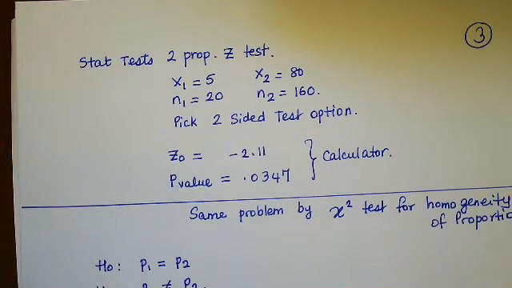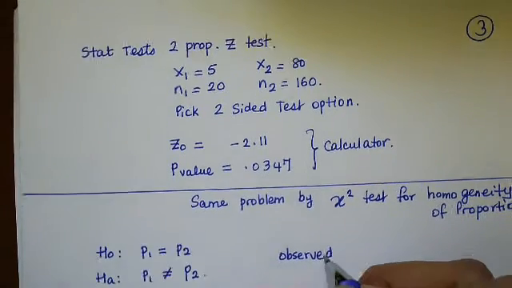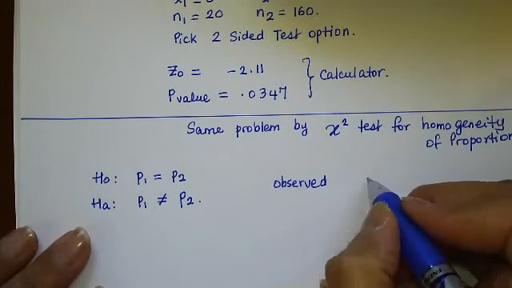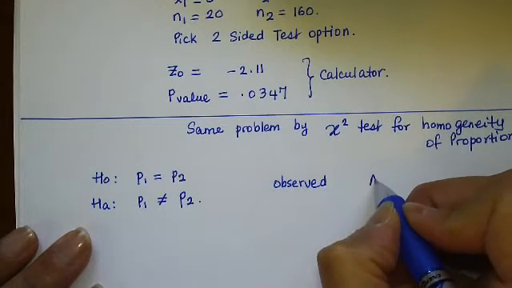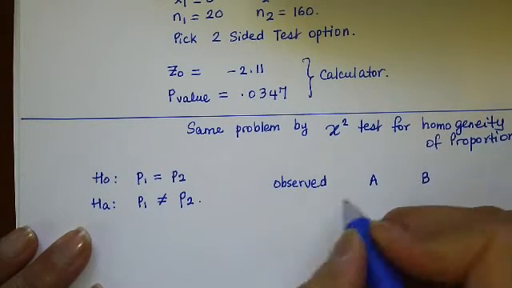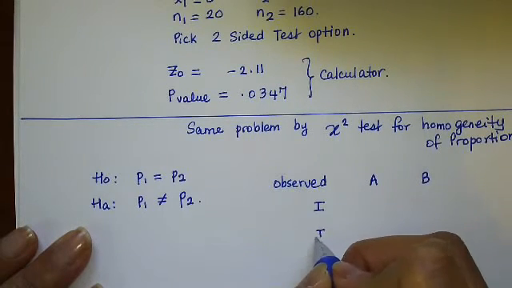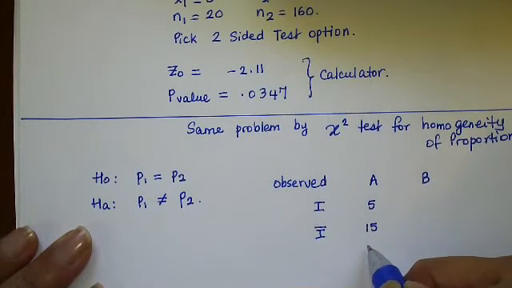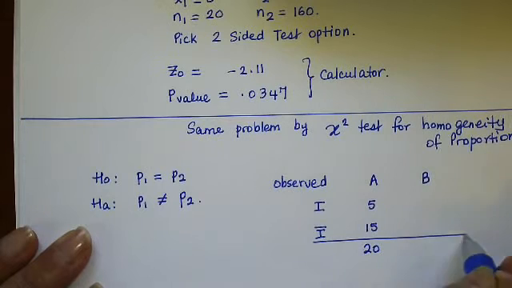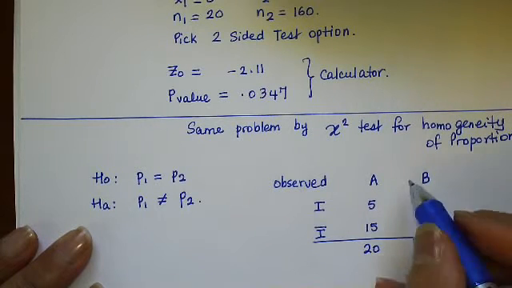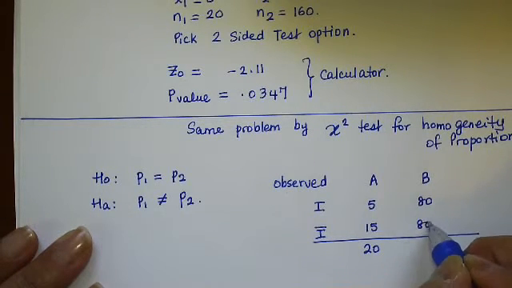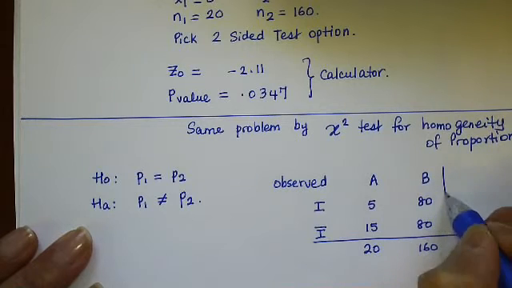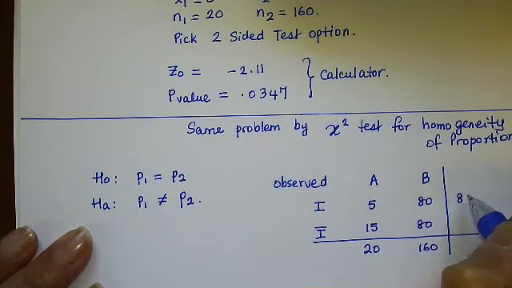And I would have to find my expectation matrix. So the observed matrix was given by A, B, insomnia, no insomnia, 5, 15, total 20, and 80, 80, 160.